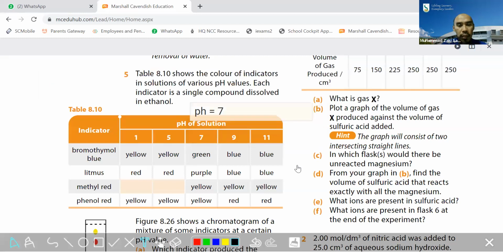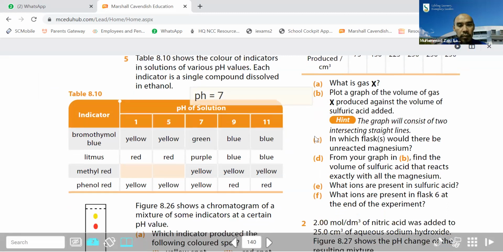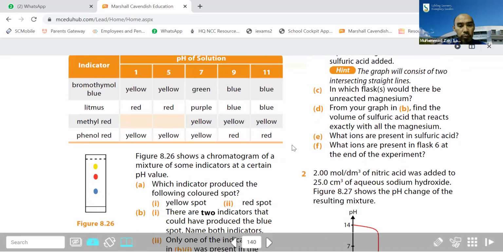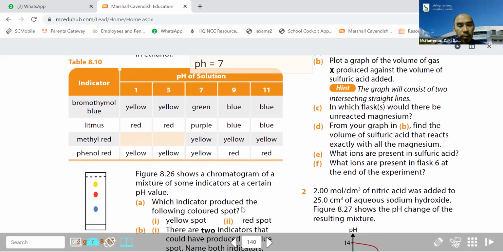So let's look at the question. Which indicator, at pH 7, shows the produced color in yellow spots? Yellow, so number 1 should be right. How come not red? So indicator one.